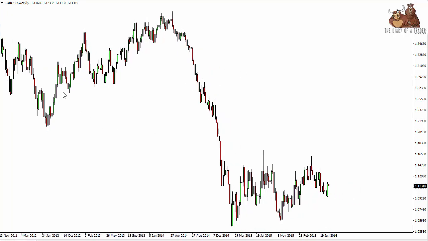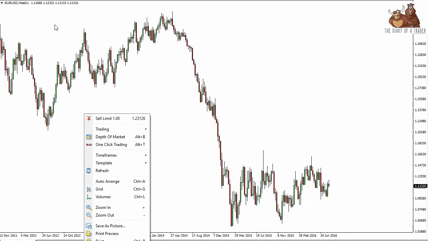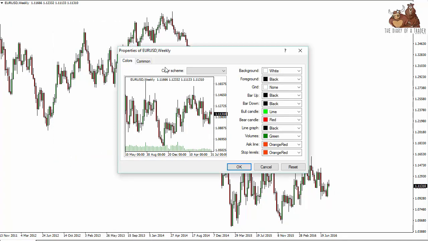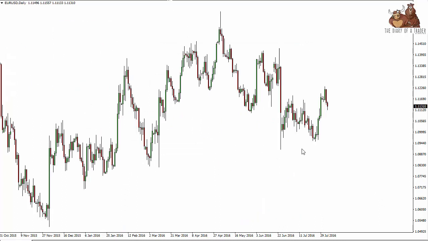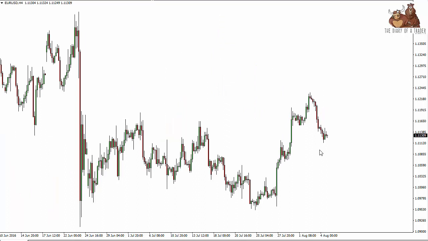So as a general rule, you're best served by looking at continuation patterns as signs of where we might go, but actually waiting for an actual breakout of that continuation pattern to put money into the market, because quite frankly it can get rather choppy out there, as the euro dollar has been recently.